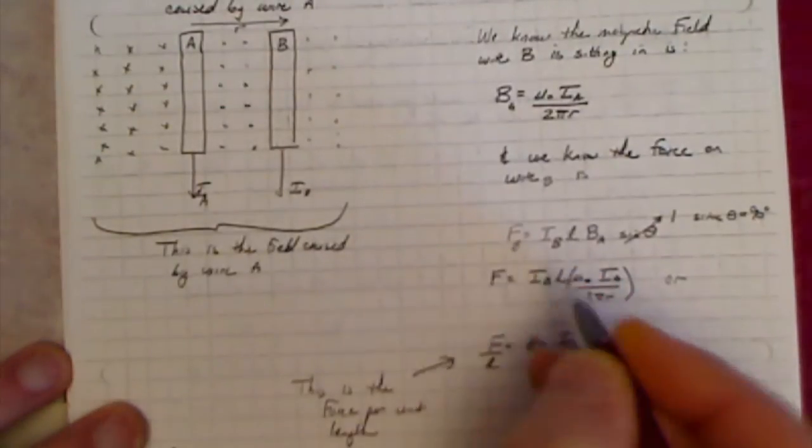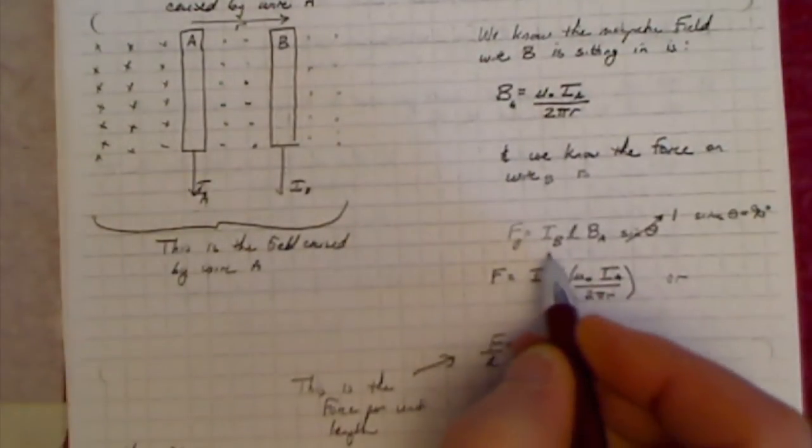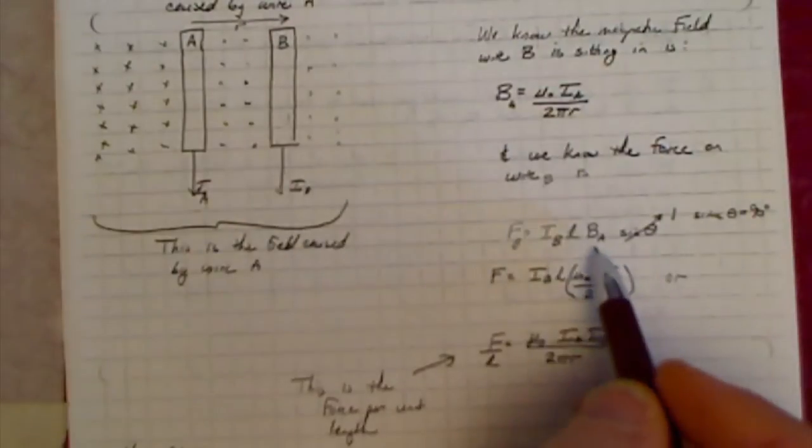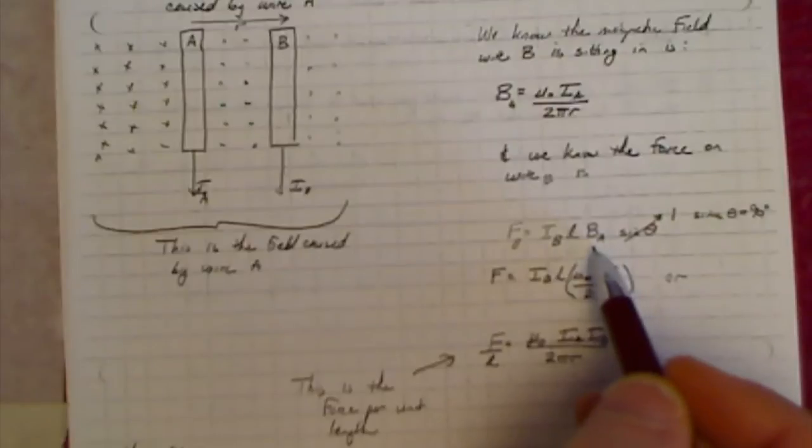Whatever B gets, A is going to get also. It equals the current from B times the length of that wire times the strength of the magnetic field that it's sitting in, which of course is being generated by wire A.